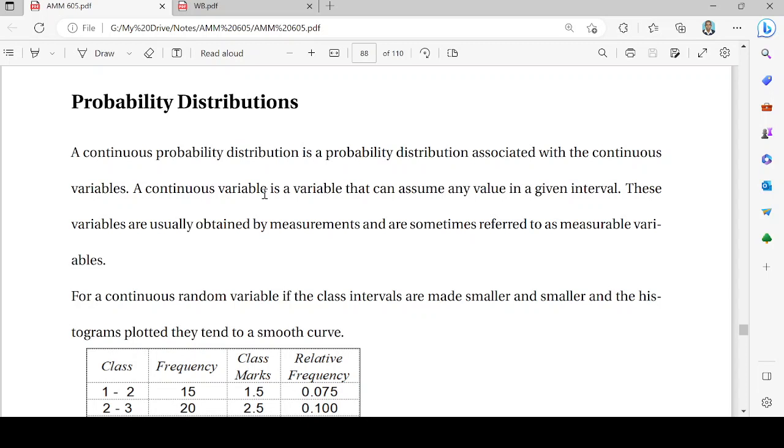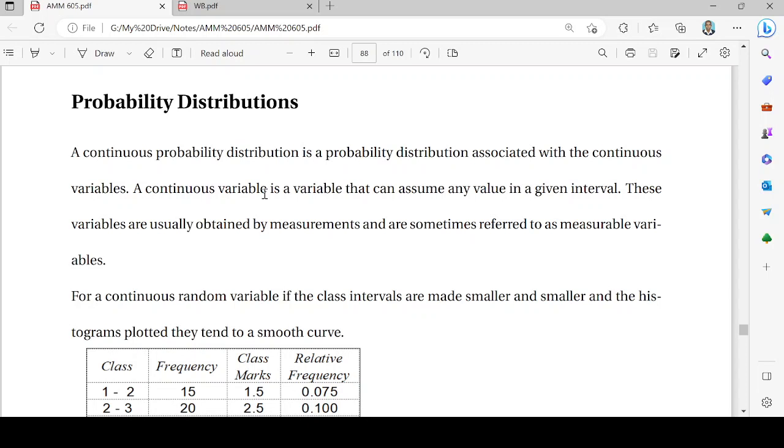But there are also the continuous random variables, and these are associated with quantities that take continuous values in a given interval. If the value of a quantity is obtained by taking a measurement, for example the height of a person, then it can assume any value within a given interval.